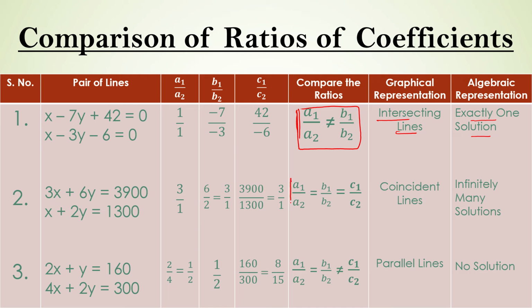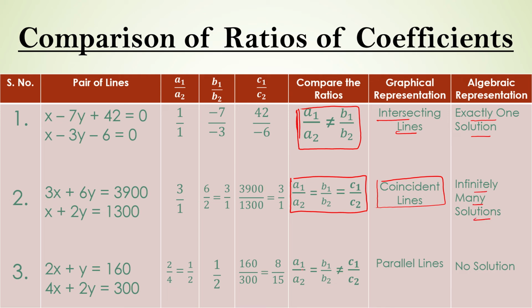In the second situation, we have observed when the three ratios, that means a1 by a2, b1 by b2 and c1 by c2 are equal to each other. In that situation, the lines are coincident and there are infinitely many solutions.